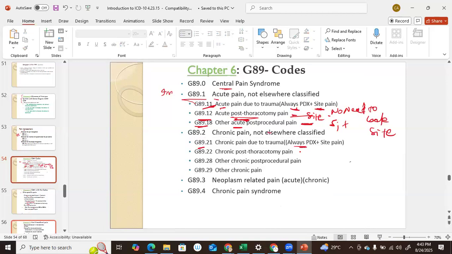So you have to keep this code as primary always, same as G89.11, and keep the site in the secondary position. Then we have chronic post-thoracotomy pain. In chronic post-thoracotomy pain also, we don't need to code the site separately because the site is already mentioned.